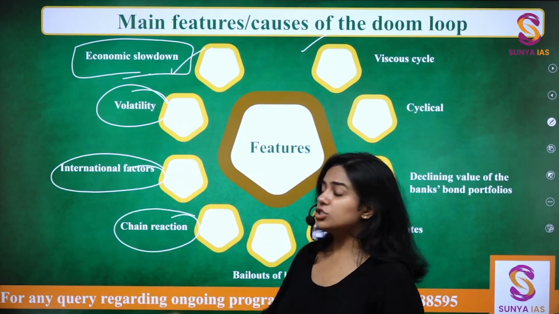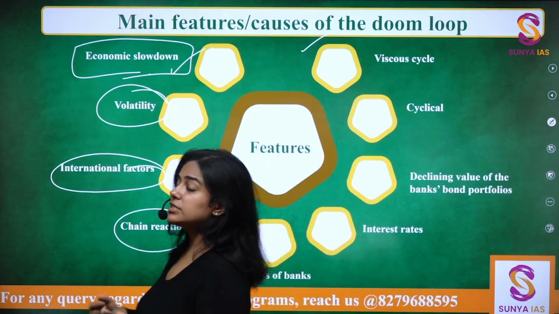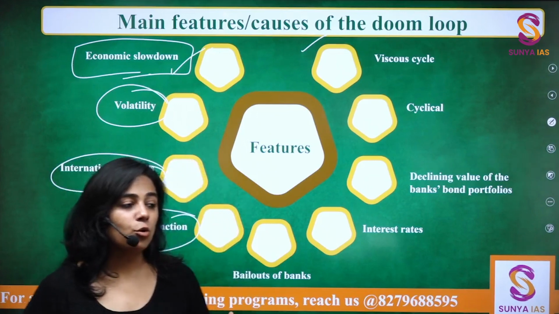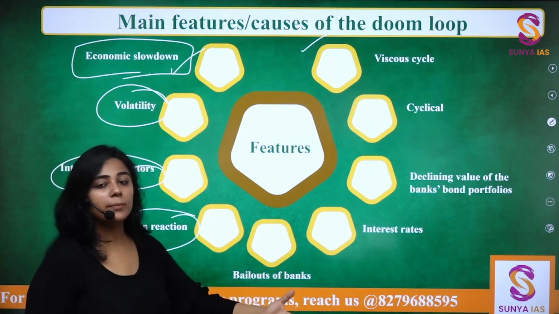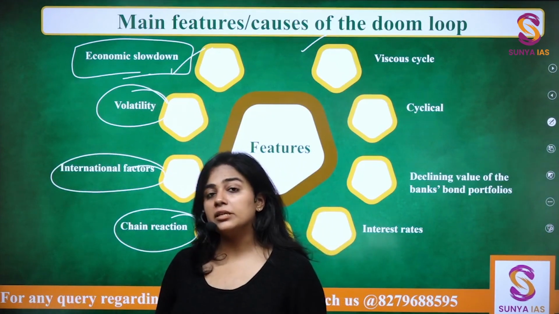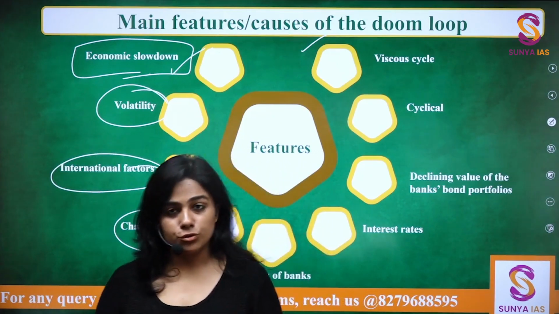It will always be a chain reaction. It will not be the first thing to happen. But at one point of time, you will realize that no one is trusting the government's economic capacities. And that's why the government is not getting money and is not able to spend money also.